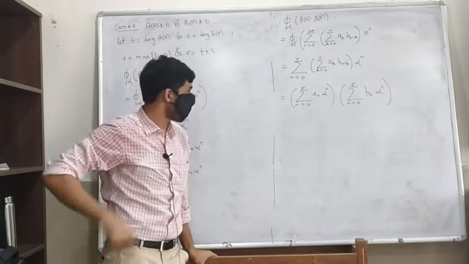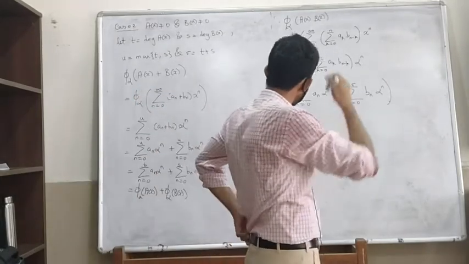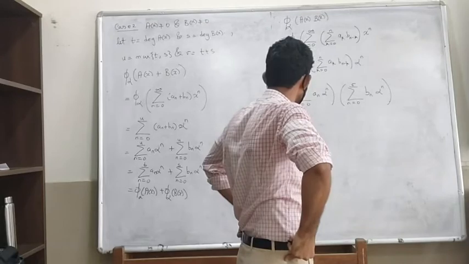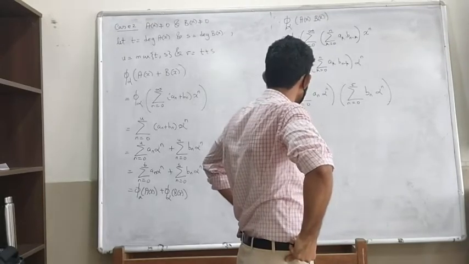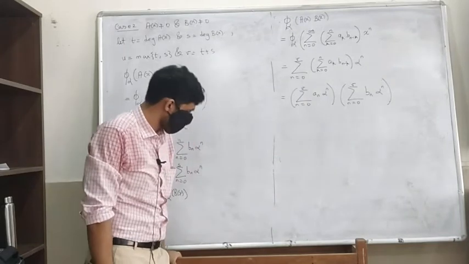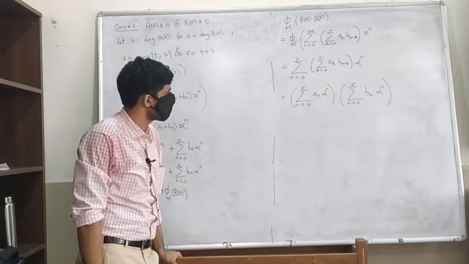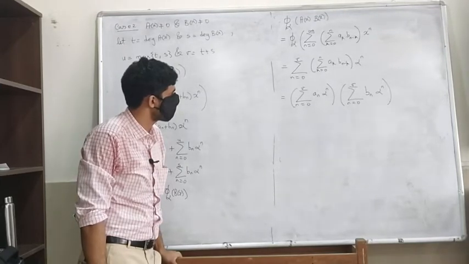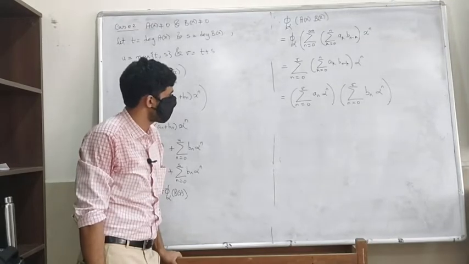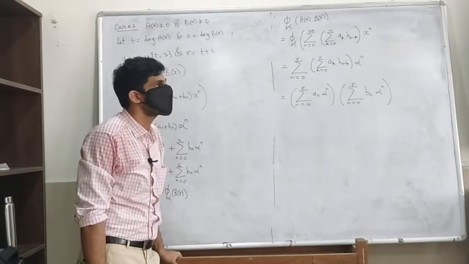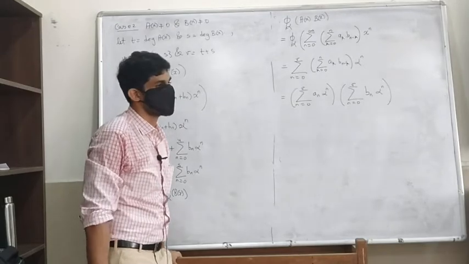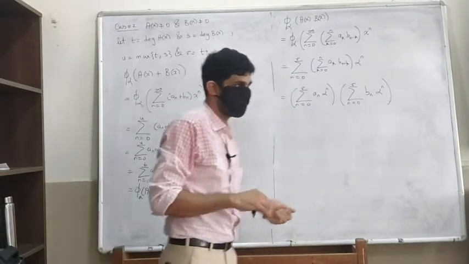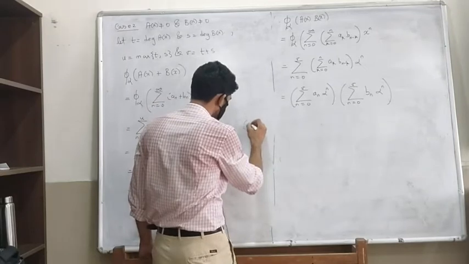How will you get alpha raised to n? Am I missing something? No, it's fine. Yeah. So how will I get this coefficient of alpha raised to n? Yeah. So can anyone tell me?